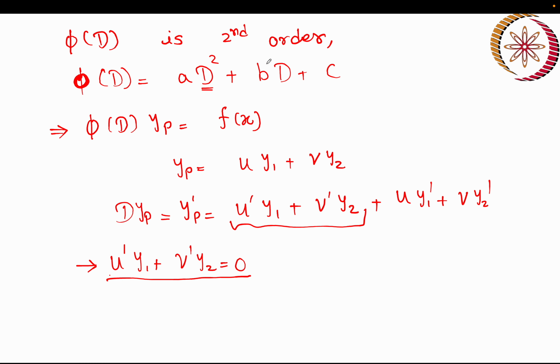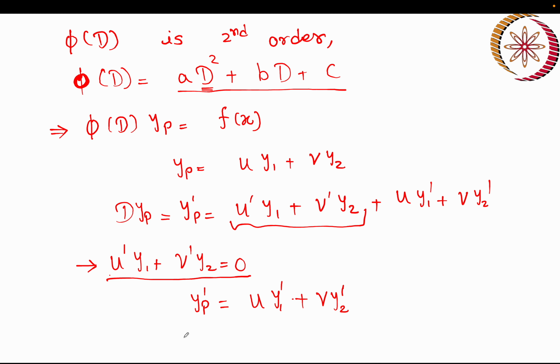Okay, the equation we are interested in has the double derivative, so what we have is yp prime equal to u y1 prime plus v y2 prime.